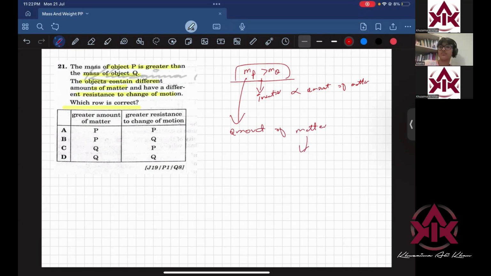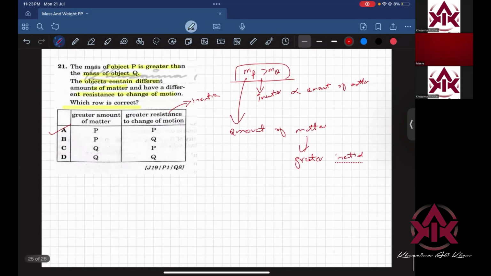Which option is stating that answer? A. P has a greater amount of matter, and if it has a greater amount of matter, it's going to resist more change in motion. So this is basically just stating inertia. This column, that is option number A here. Make sense? Okay, good.